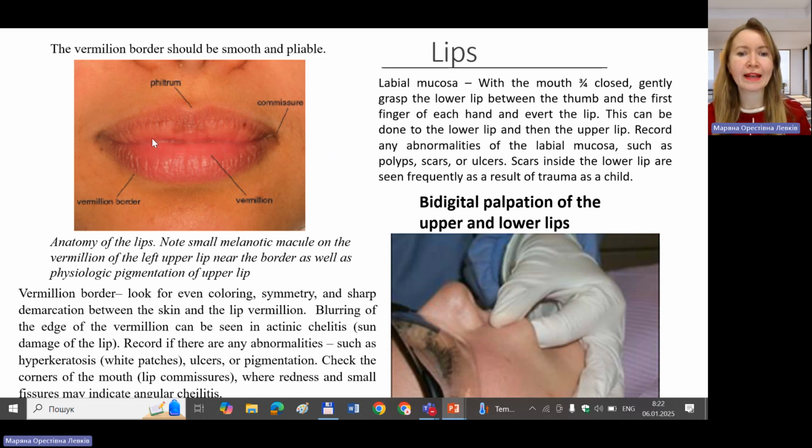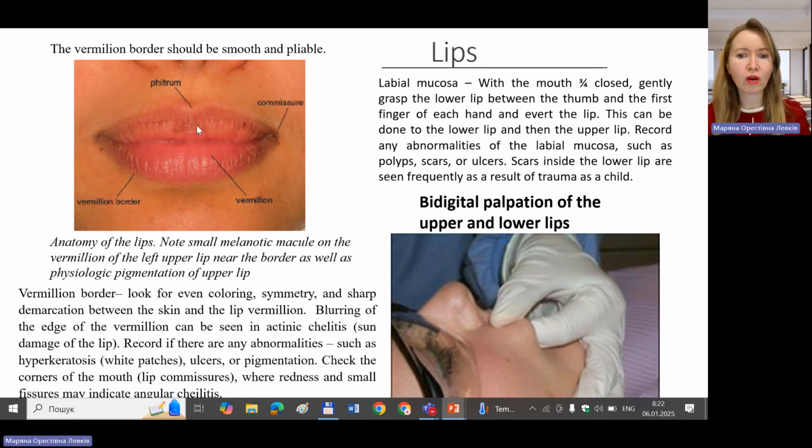Pay attention to the anatomy of the lips. Note the small melanotic macule on the vermilion border of the left upper lip near the border, as well as physiologic pigmentation of the upper lip. Vermilion border.